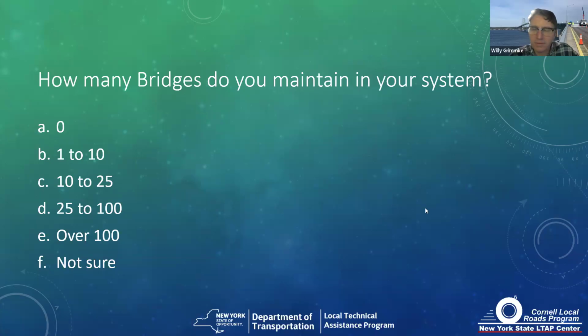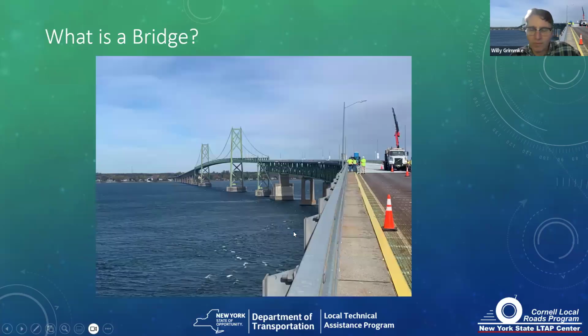I will opine that if your agency has quite a few bridges, you often have the internal expertise to manage and maintain them. If you have less than 10, you're often at a distinct disadvantage because you don't spend a lot of time dealing with bridges until they become a problem, and then you're trying to figure out what to do.